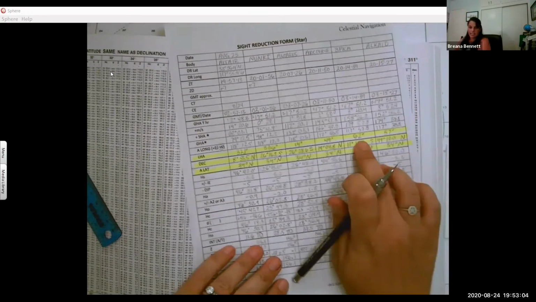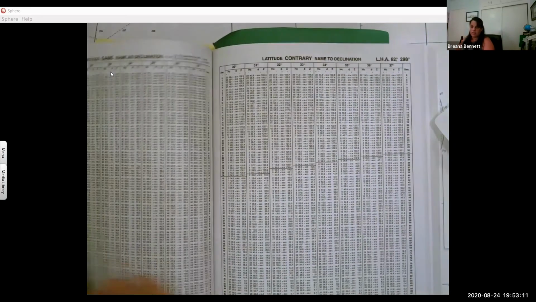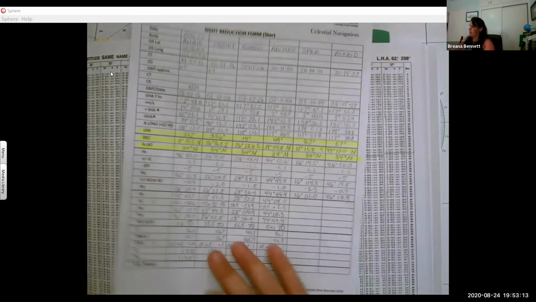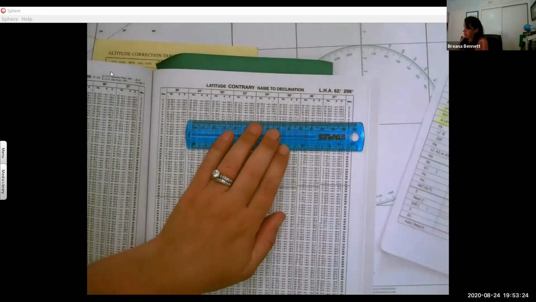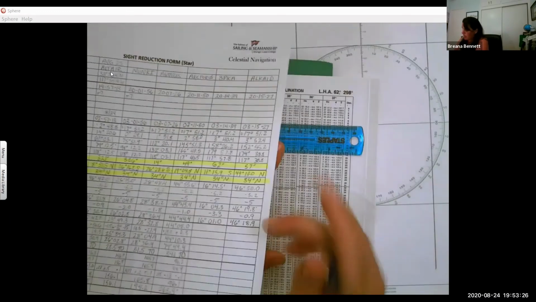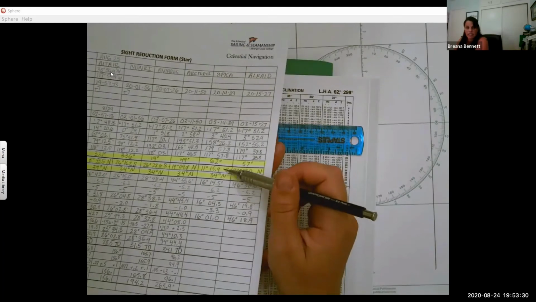Next, LHA 62. There's 62, and we are contrary. We're contrary, 62, 49, or 34. Our declination is 11:15.